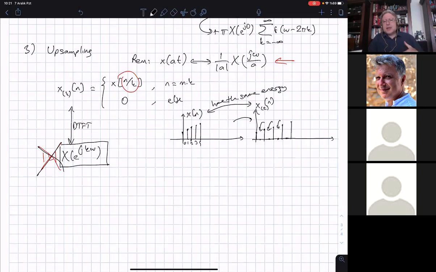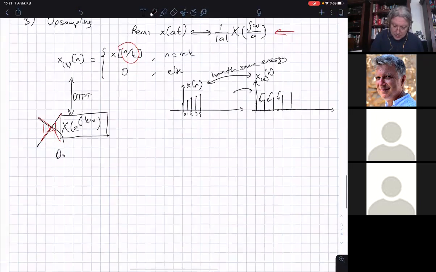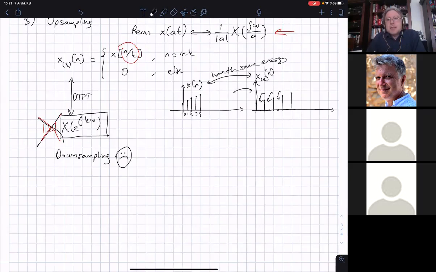X of n over k will correspond to a Fourier transform of capital X of e to the j omega times k, or k omega. Downsampling, on the other hand, is difficult because its discrete time Fourier transform is not simply like e to the j k omega over 2.